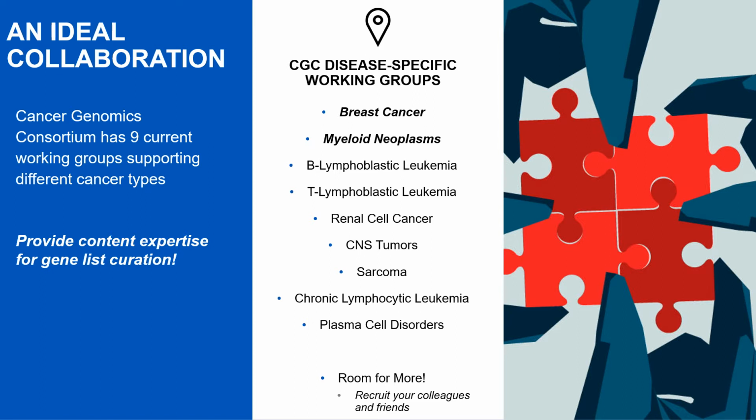CGC disease-specific working groups provide expertise that the GOAT team does not necessarily have, as well as a multi-institutional representation that offers a lot of value in making these lists robust and applicable across many different institutions and many different viewpoints. So the CGC currently has 9 working groups.